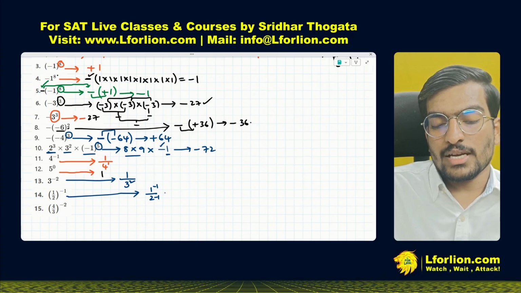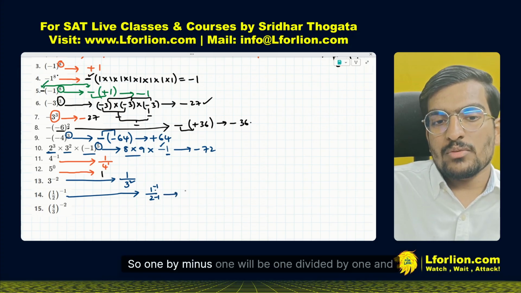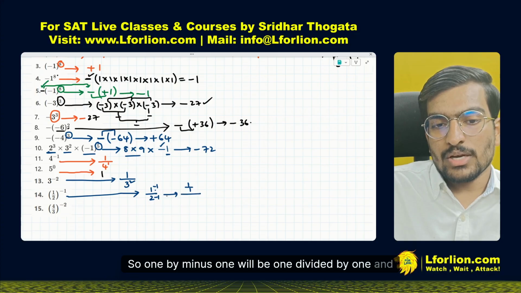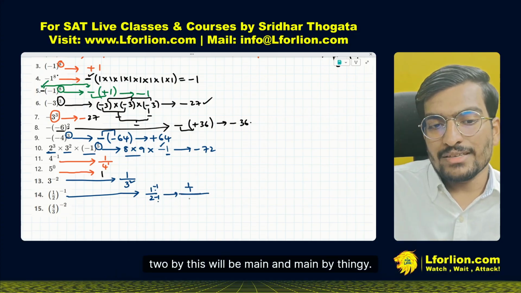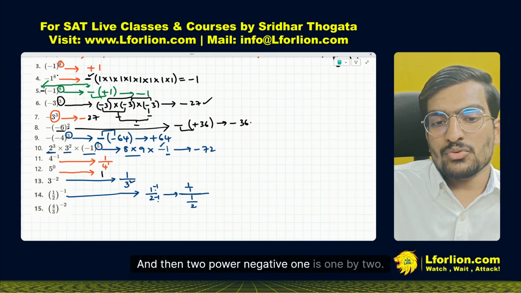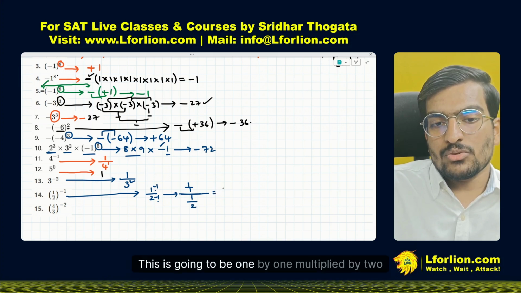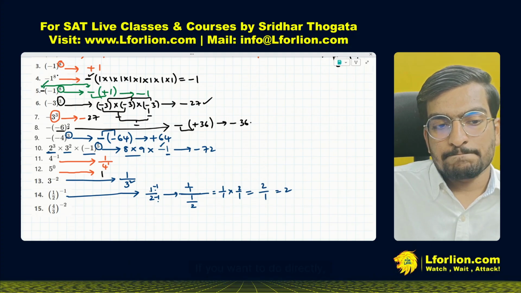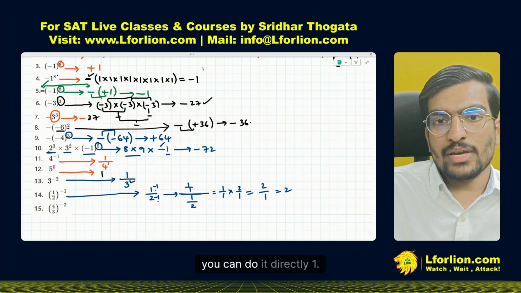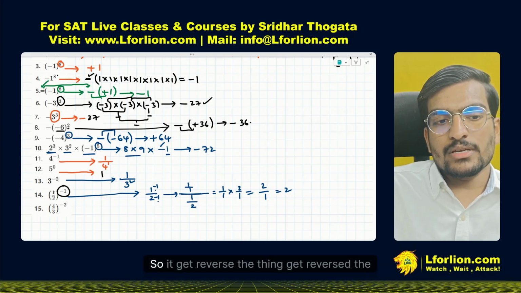So 1 to the power -1 will be 1, and 2 power -1 is 1 by 2. This is going to be 1 by 1 multiplied by 2 by 1, that's going to be 2 by 1. The answer is 2.